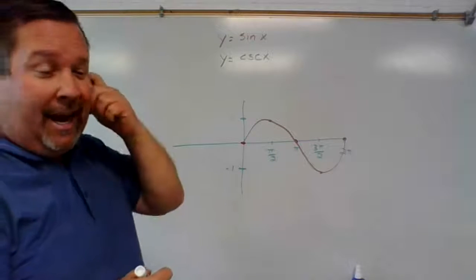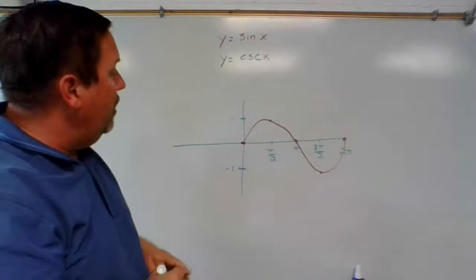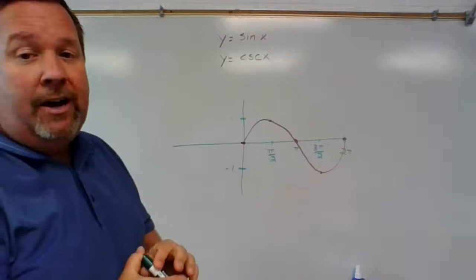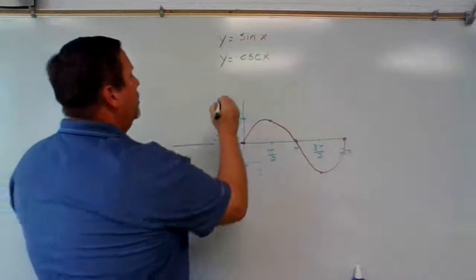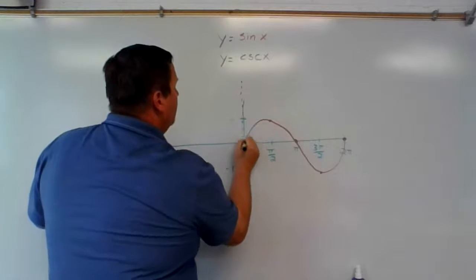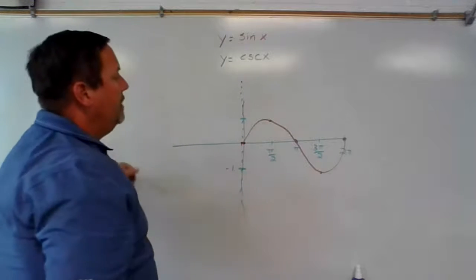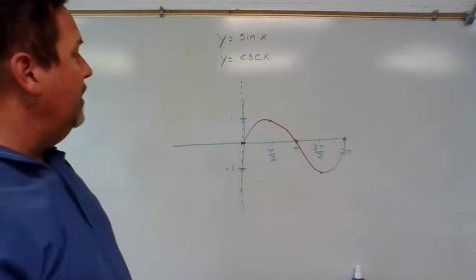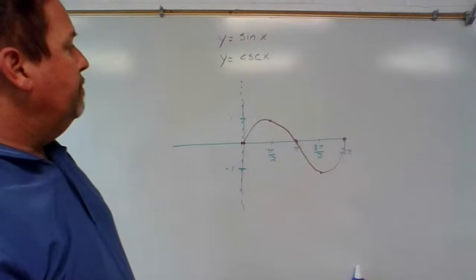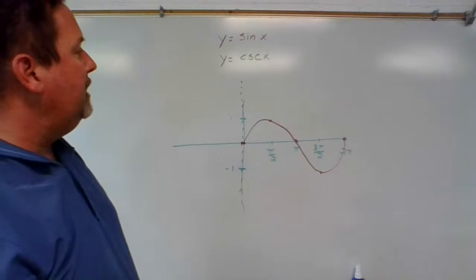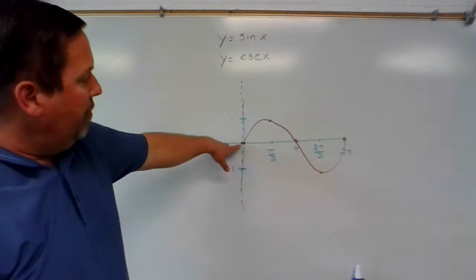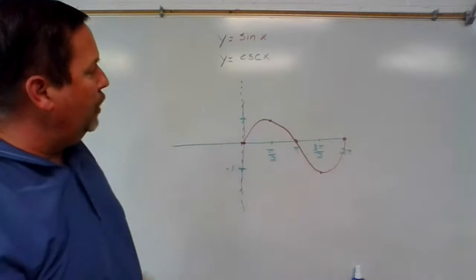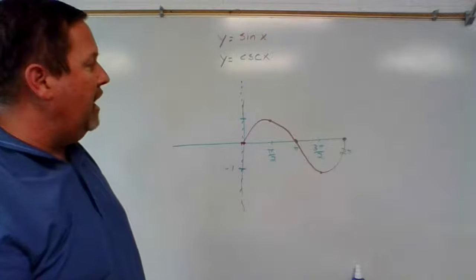So for cosecant, right here, right along the y-axis at x equals 0, it's undefined. We can't graph it. So what I'm going to do is draw a vertical asymptote, just a dashed imaginary line. But that helps me to see what my cosecant's going to be.